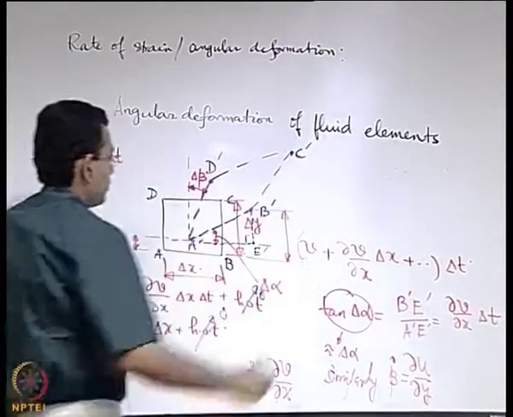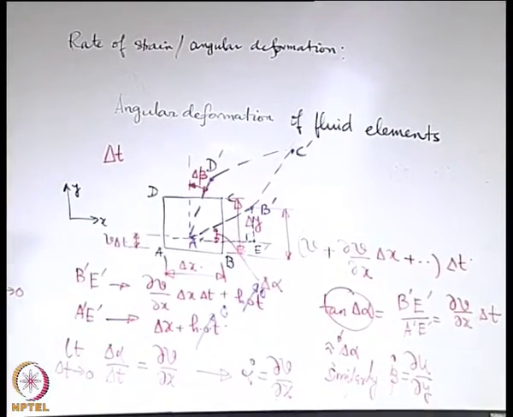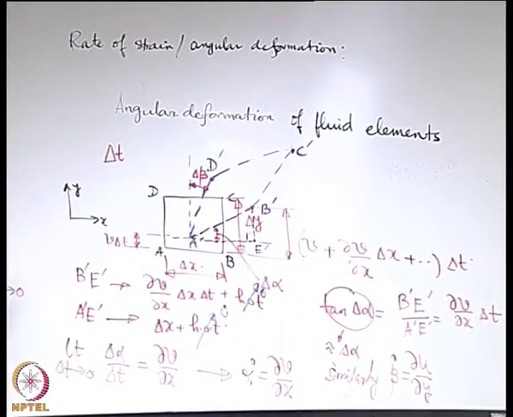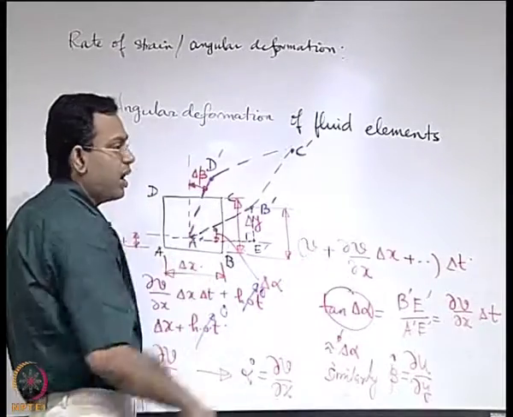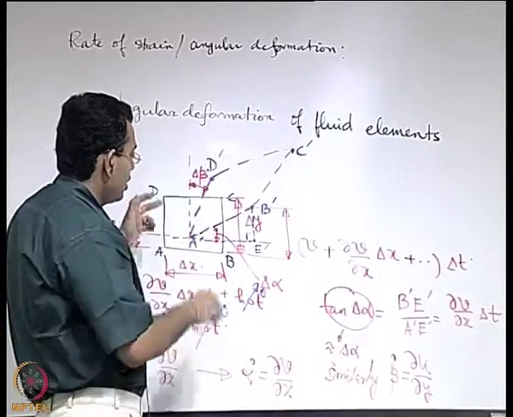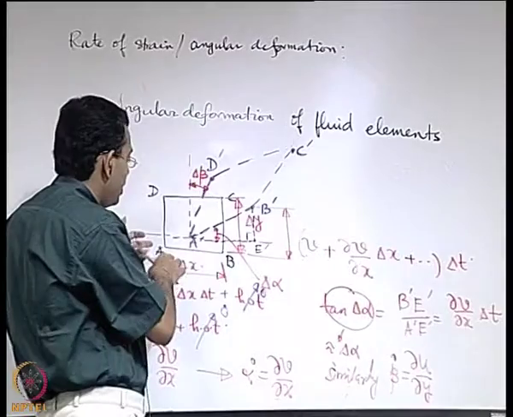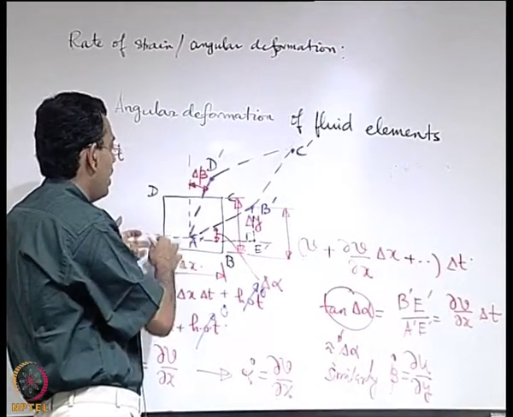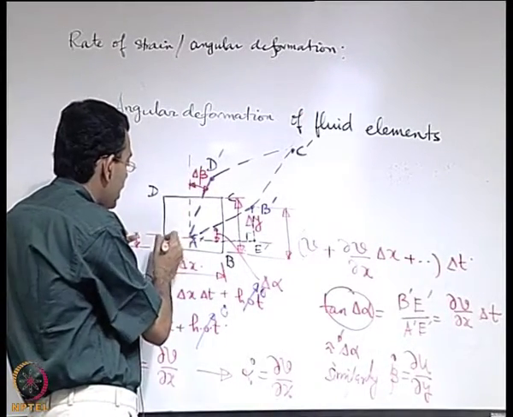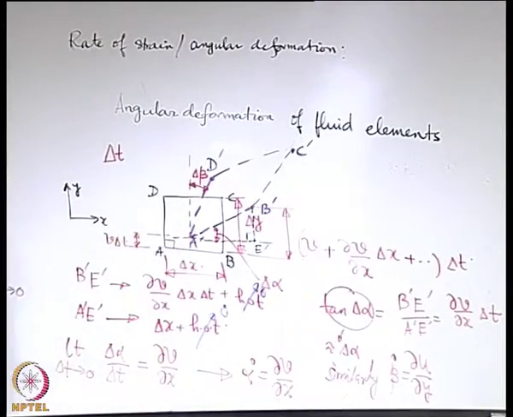In what way? See, there is a very important quantification of the distortion in the angle. What is that? If you consider two line elements, say AB and AD, they were originally at an angle 90 degree with each other.